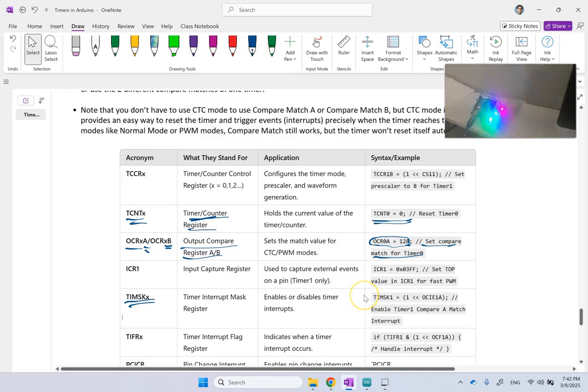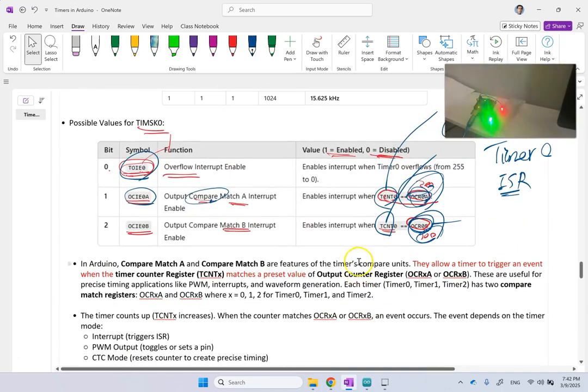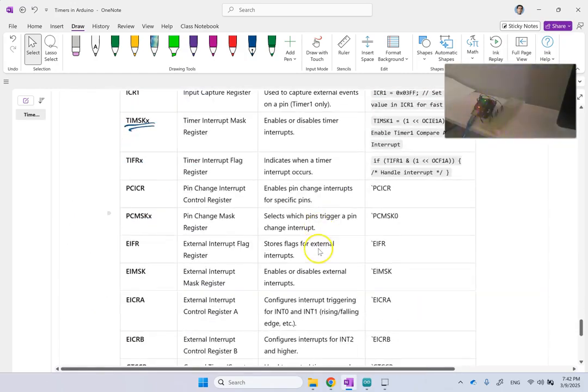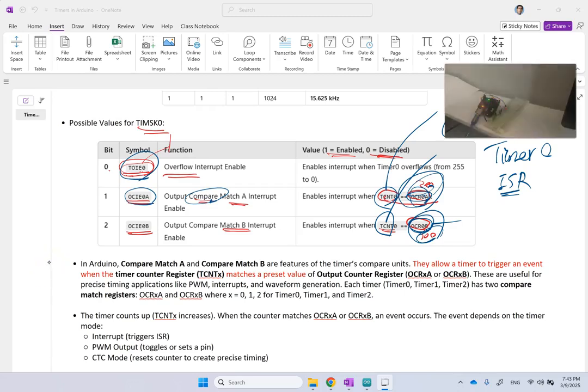Let's see, what else I need to tell you? The OCIE. So do I have OCIE? Let's see. I looked at my table, and it's interesting that I still don't have these because there are too many of them.